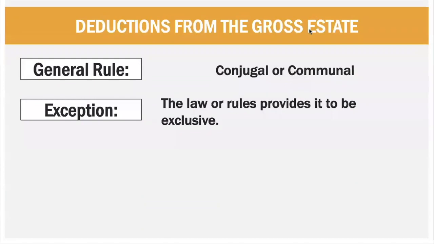In case we prepare an estate tax, as we said a while back, we have here your communal or conjugal property, and we have your exclusive property. On your communal and conjugal properties, we have your gross estate. Once you determine the amount of your gross estate, we have your deductions.